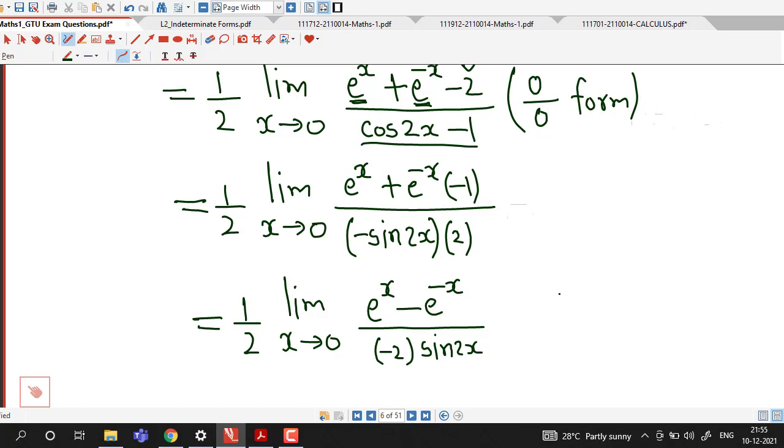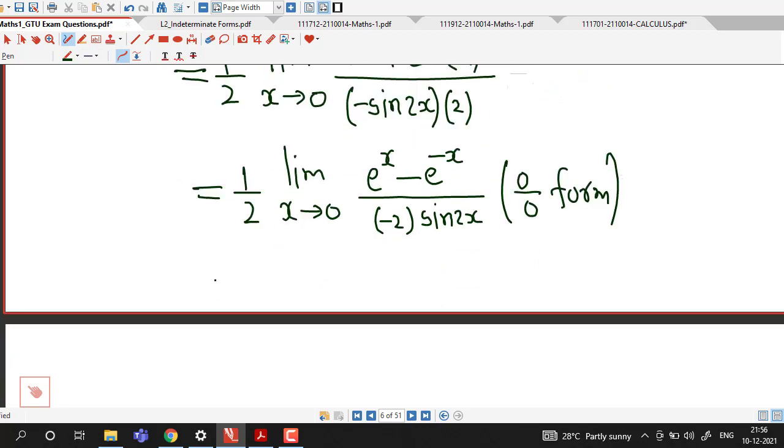Again we take x equal to 0, so we have e^0, that is 1, minus 1, that is 0, divided by sin 0. So again we have 0 by 0 type indeterminate form. Therefore we again apply L'Hospital rule, and before applying it we rewrite by taking this minus 2 outside, and we are left with the limit x tending to 0 of (e^x minus e^(-x)) divided by sin 2x.